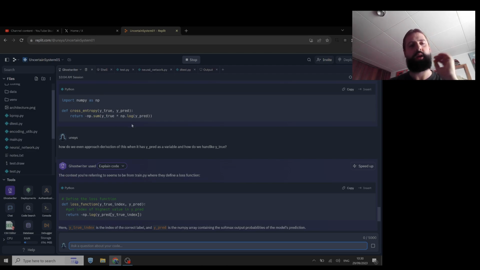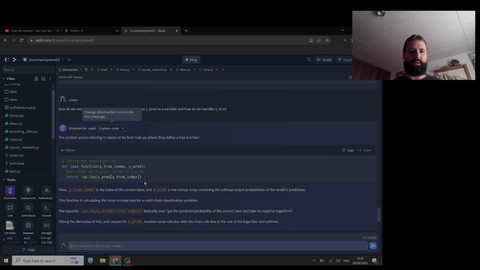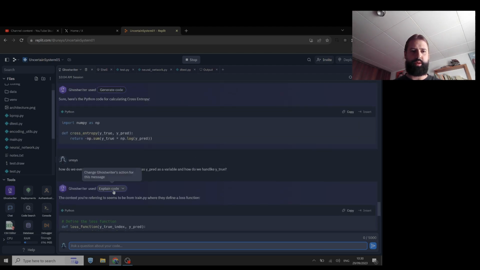Right, I get it. That's how I calculate the entropy, as something that is a function. Well, a loss function is always going to have these two things, right? The two variables.